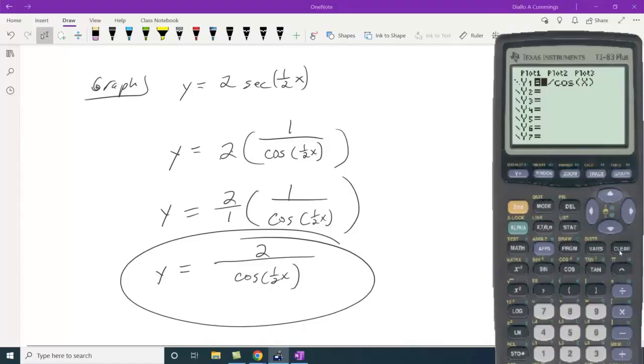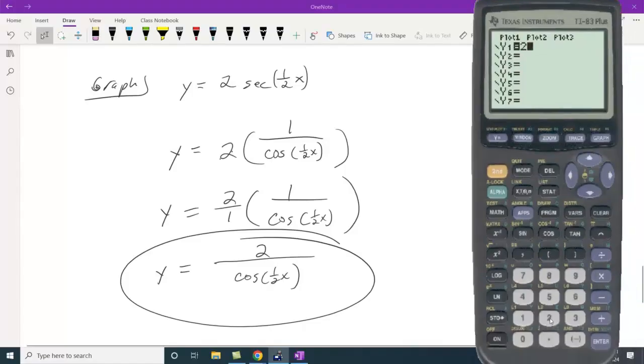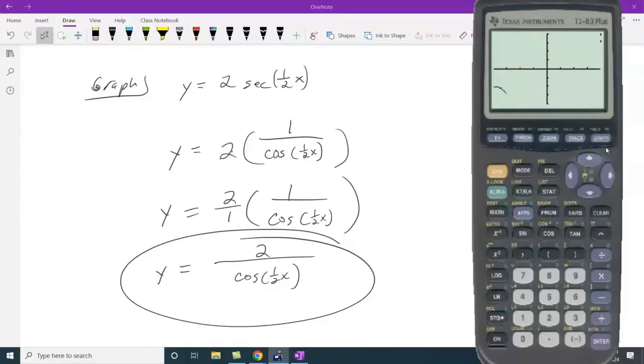So now I'm going to put this into the calculator. So I have 2 divided by the cosine of 1/2 x. I'm going to just put that in as x divided by 2. And if I graph, this is what the graph looks like.